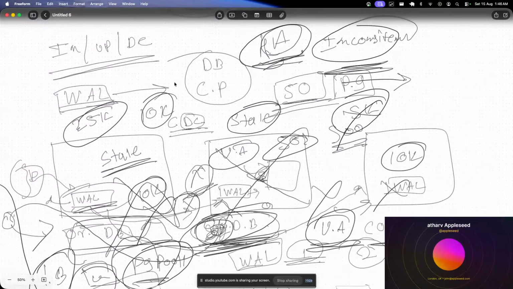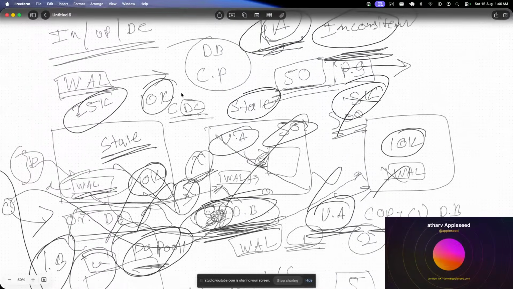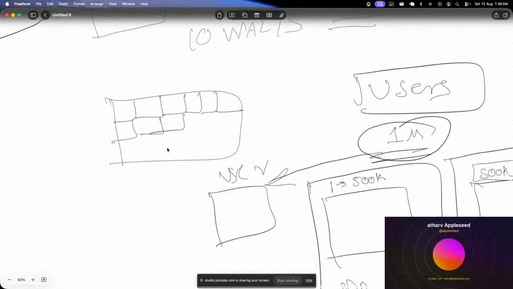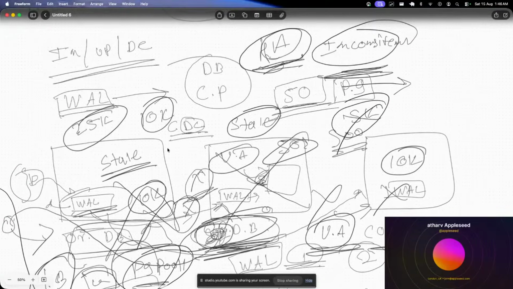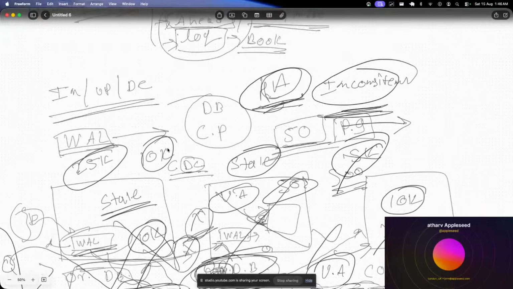I will be ranting or yapping for some time. The first time I heard about WAL was like 9 to 10 months ago, and about partitioning, I guess I learned it during my college lectures.